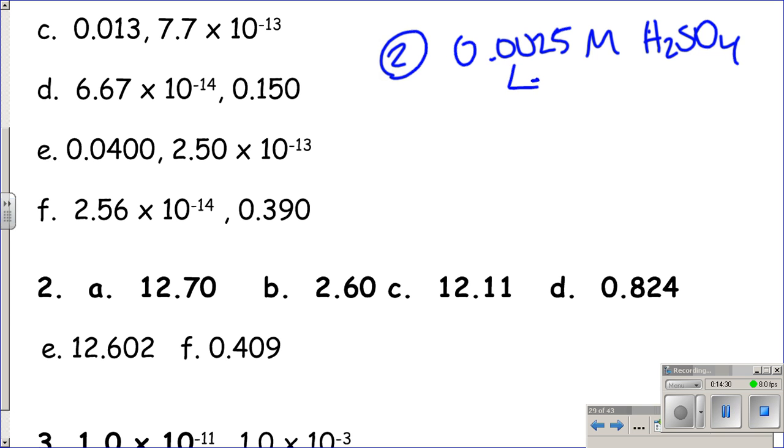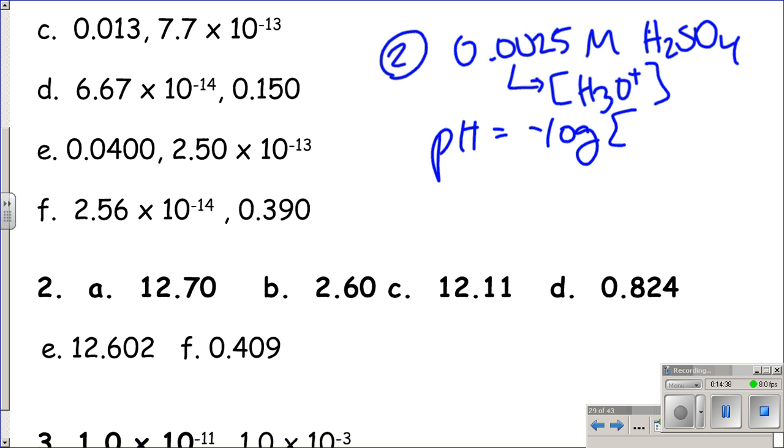This is the concentration of hydronium. So pH is negative log of 0.0025. I'm just going to calculate that again. Okay, so then your pH is just whatever this is, 2.6.